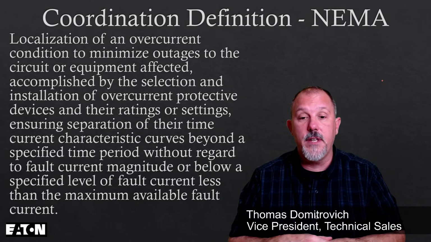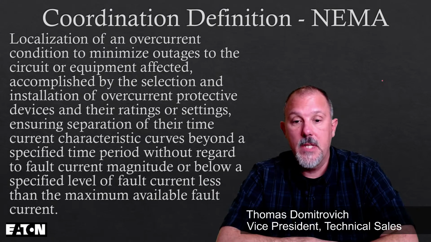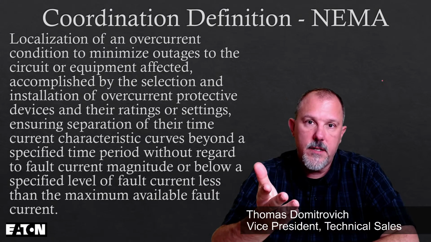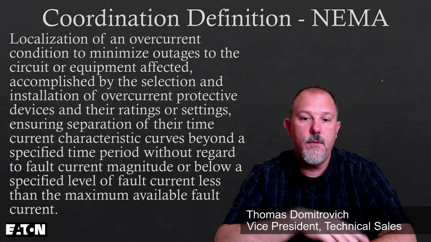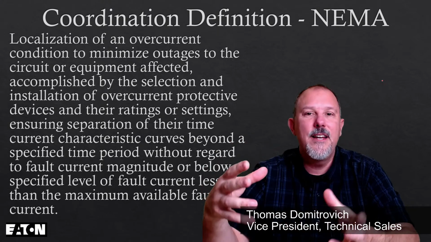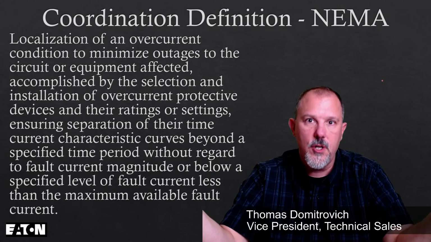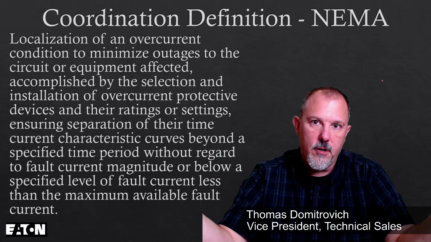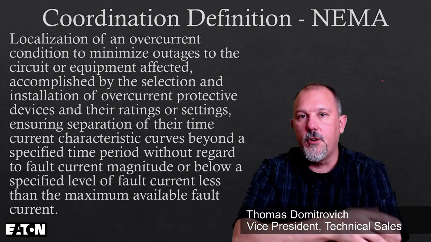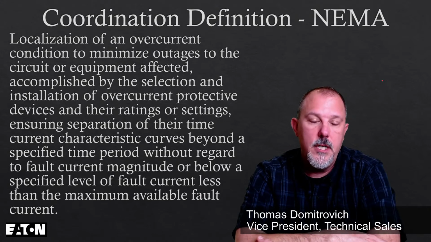I haven't been involved as much in the debates at Code Making Panel 15. I think there are some things on the docket this cycle that you have to look and review. I think the argument between selective coordination and coordination gets around the bolted fault current value, and the argument would be bolted fault current values rarely occur, and we could have that debate all day long.